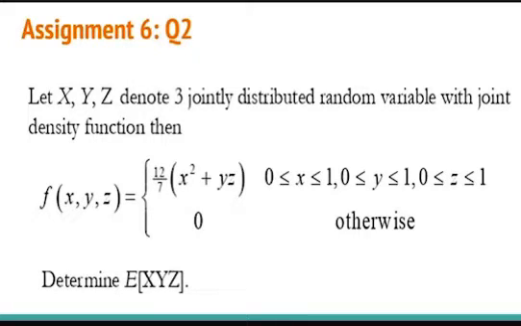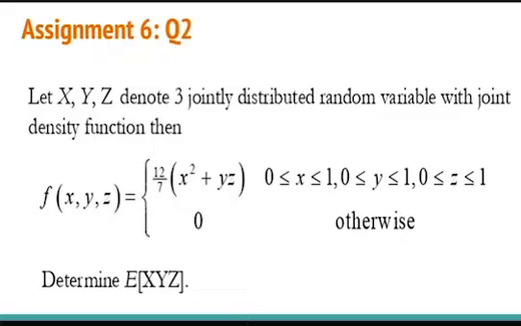If you want to find the expectation of the product, the expectation of x, y, z, you're basically going to have three integrals, integral of x, y, z times the function, dx, dy, dz. Does that make sense? So that is how that goes.